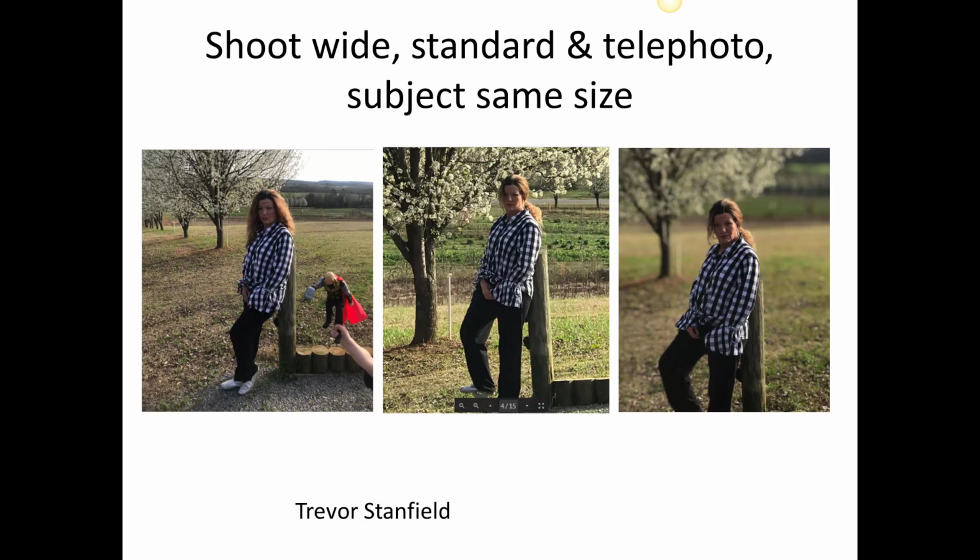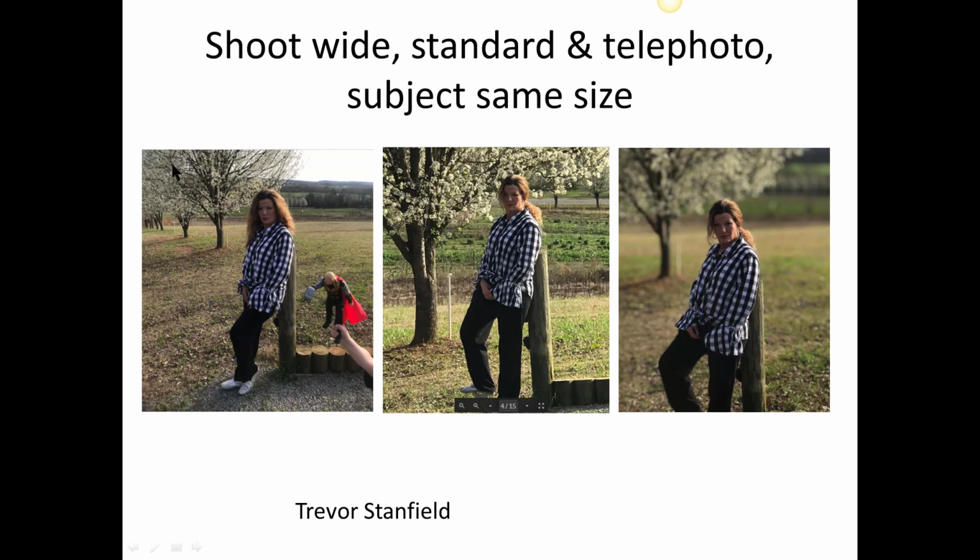And then this is Trevor's take on this one, and he's got a subject, and the subject is approximately the same size in all three of these. The wide angle lens, what does it do? It keeps more stuff in focus, and it also gives you a bigger image area.